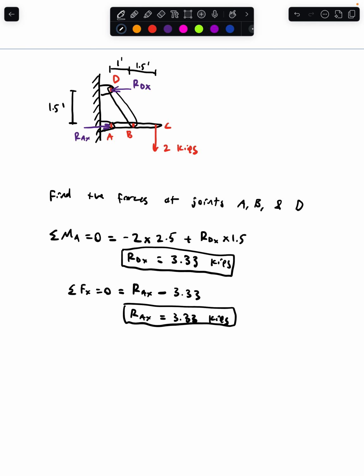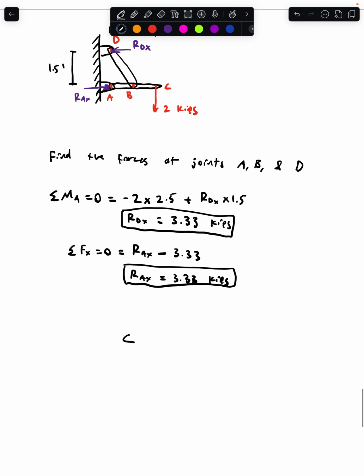So let's go ahead and move on to step 2, which is to draw a free body diagram of any non-two force members. So this one we only have one, which is going to be this member along the bottom, A, B, C. So what forces do we have on here? We have C, loaded C, which is 2 kips.